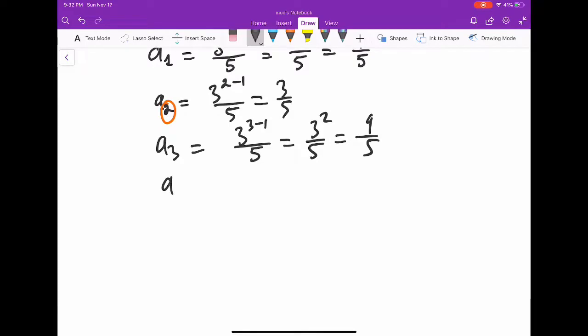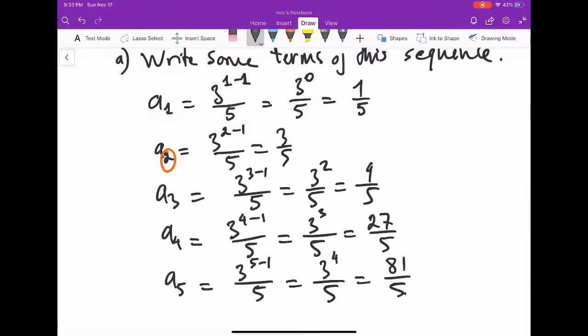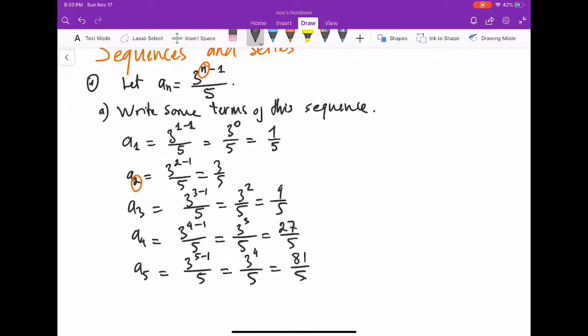Then a4 is 3^(4-1) over 5, equal to 3 cubed over 5, which is 27 over 5. Similarly, a5 is 3^(5-1) over 5, equal to 3 to the 4th over 5, which is 81 over 5, and so on. This is how we can write terms in a sequence if we know the general formula of the sequence.